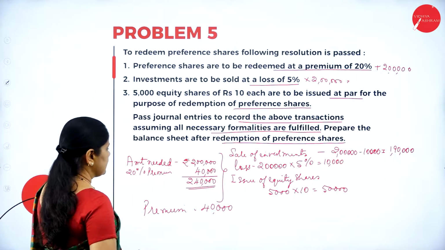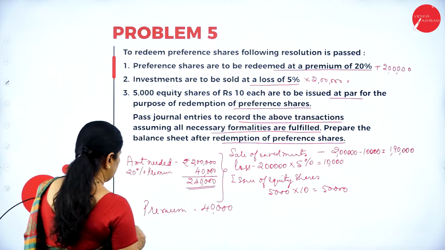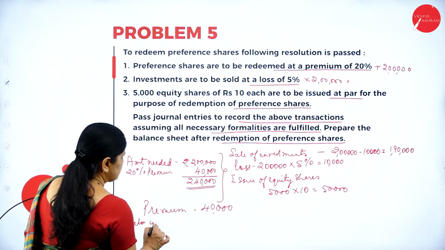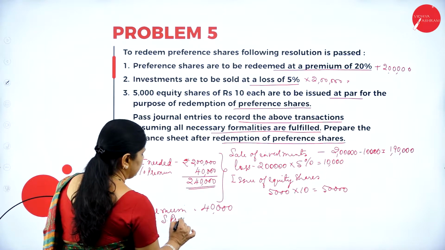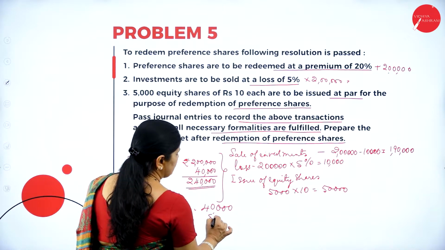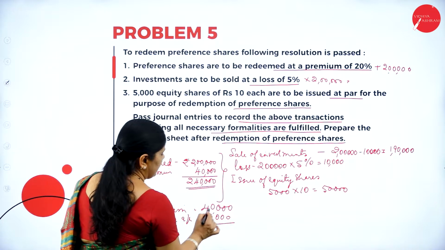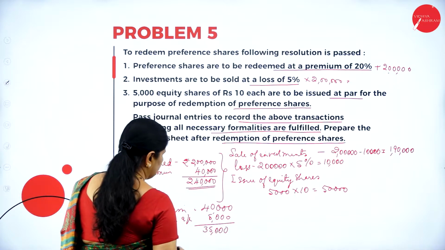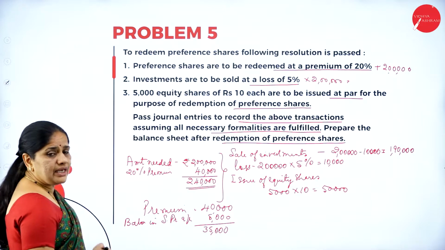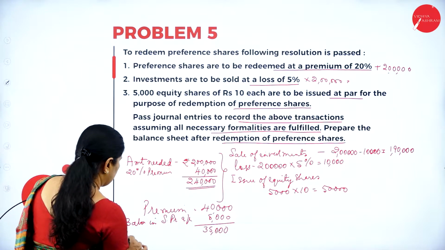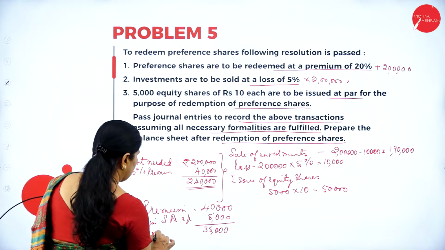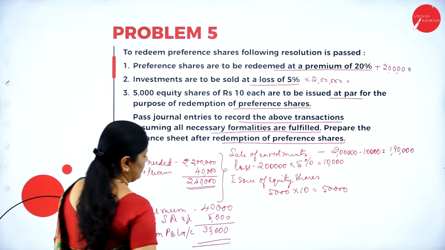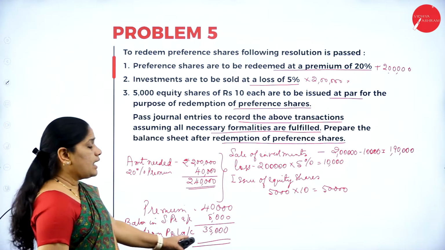So, I write premium is 40,000, then balance in securities premium account. So, 5,000 balance is there. So, from this 40,000 I remove 5,000. I have 35,000 which has to be adjusted from P&L account, from profit and loss account.